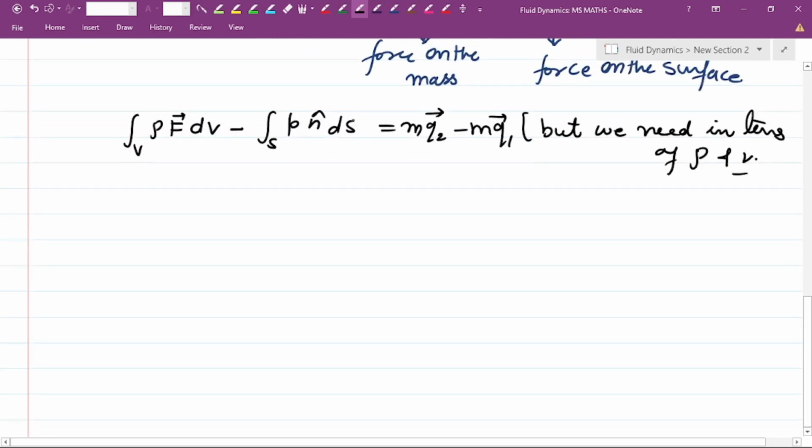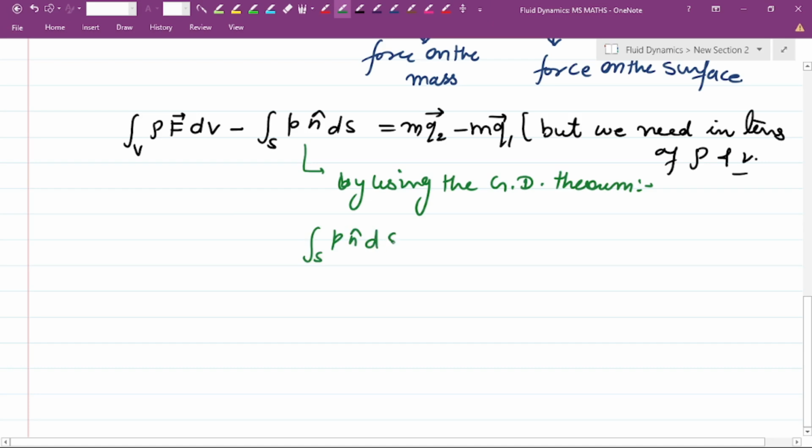So we can write it in such a way by using the Gauss divergence theorem. The GD theorem says that it changes the surface integral to the volume integral. It means the integral over S of p n cap dS is nothing but del dot p vector dV.